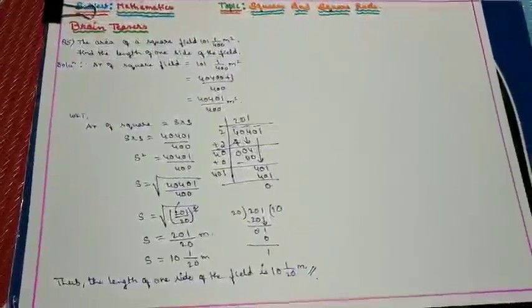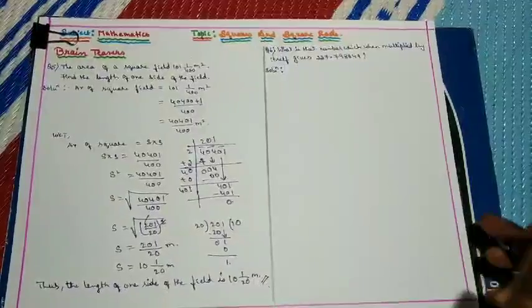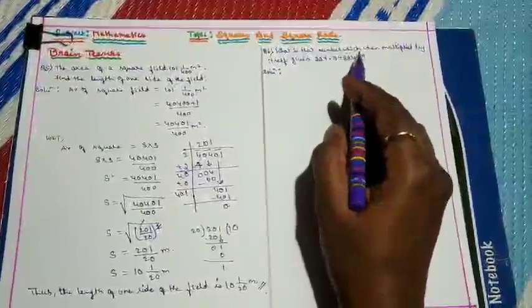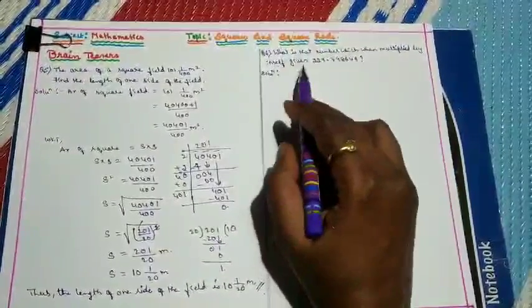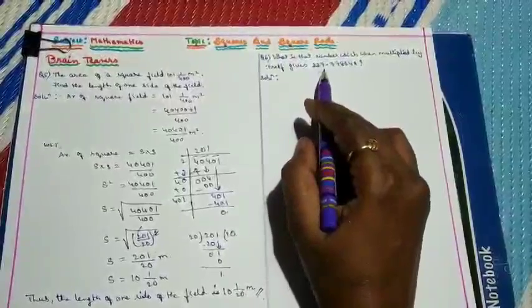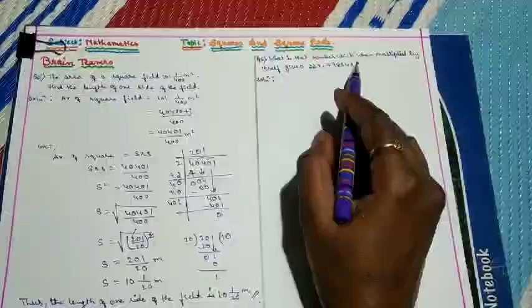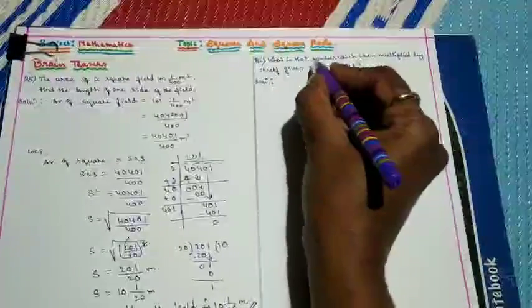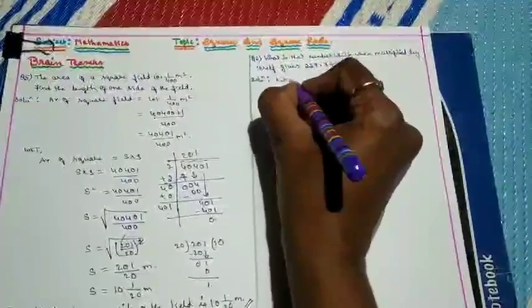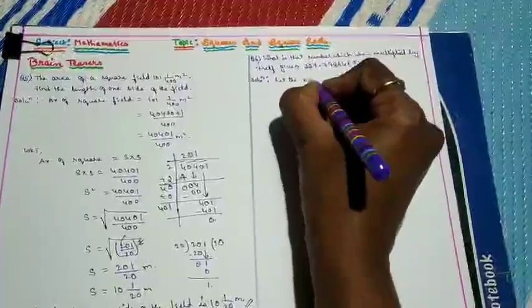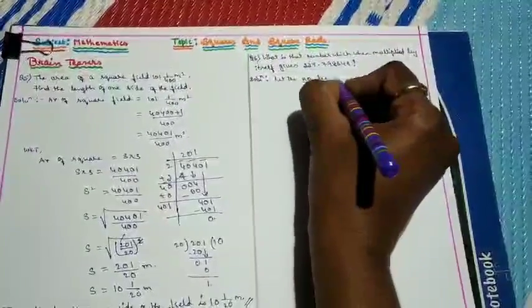Now let me move to the sixth question. What is that number which when multiplied by itself gives 227.798649? So here we need to find what is that number. So let the number be x.